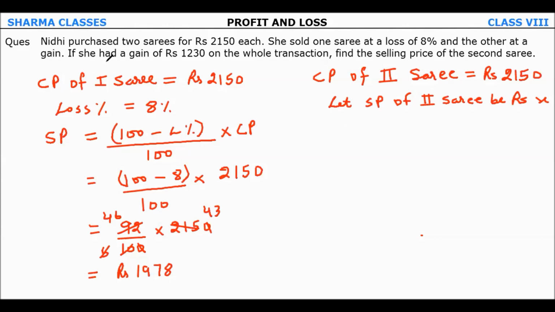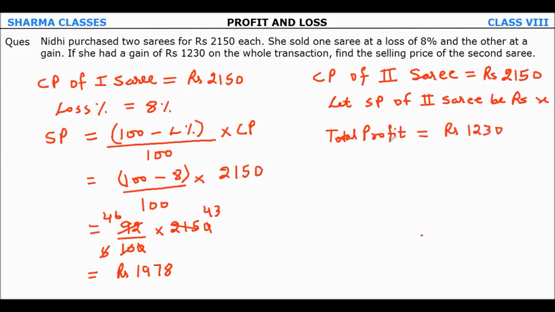Now, next is if she had a gain of rupees 1230, that means she is having a profit of, instead of writing profit, I can write total profit because she is having a gain on whole transaction. Therefore, total profit will be rupees 1230.